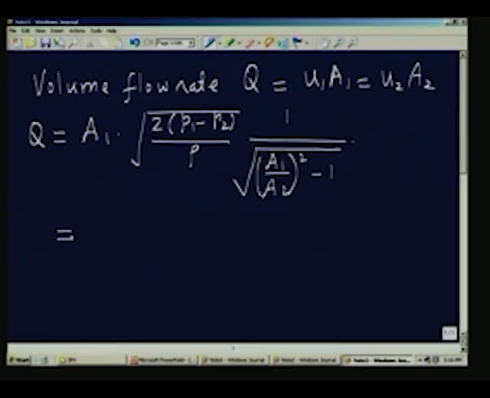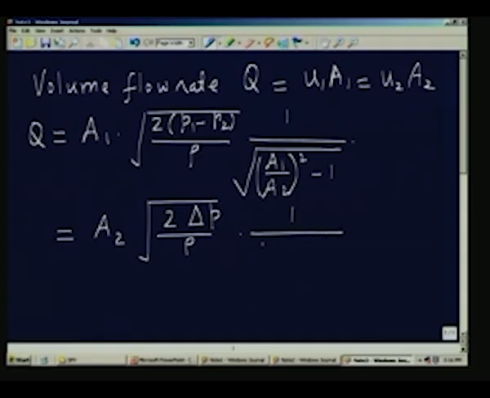This can also be written as A2 multiplied by A1 by A2, and then I will adjust it with the denominator here. Therefore, this can be written as A2 square root of 2 delta P by rho, where P1 minus P2 I am going to call delta P, and instead of A1 I am putting A2 here, so I adjust by saying this is equal to 1 minus (A2 by A1) whole squared.